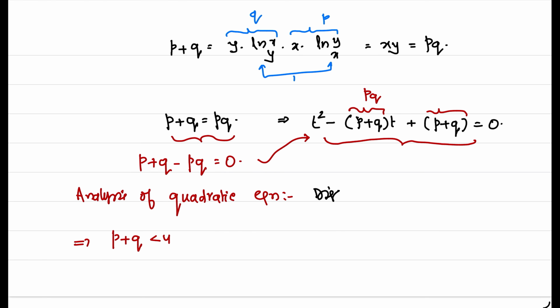Discriminant is equal to b squared minus 4ac. b squared is (P plus Q) whole squared minus 4 into (P plus Q) into 1.